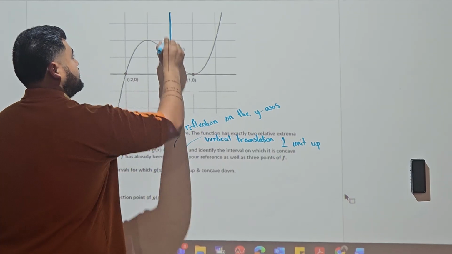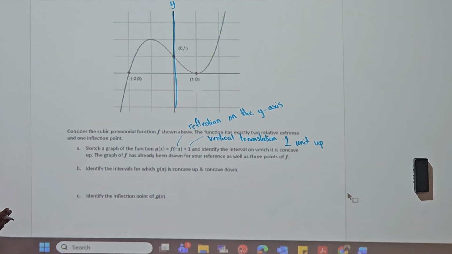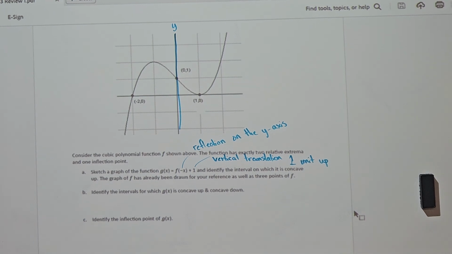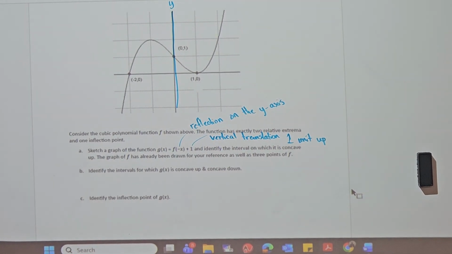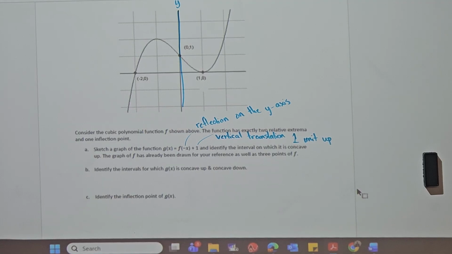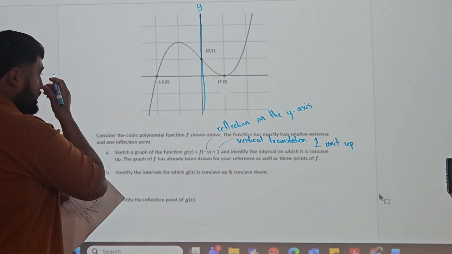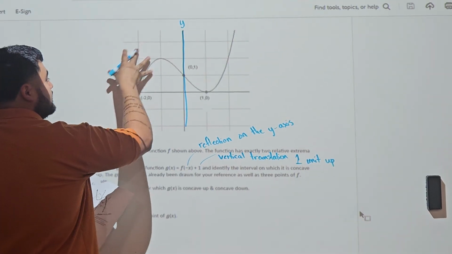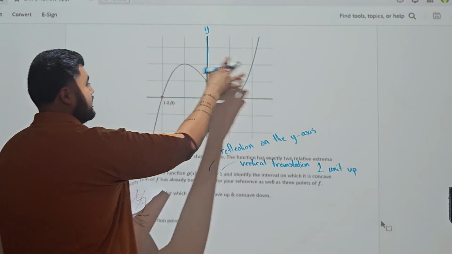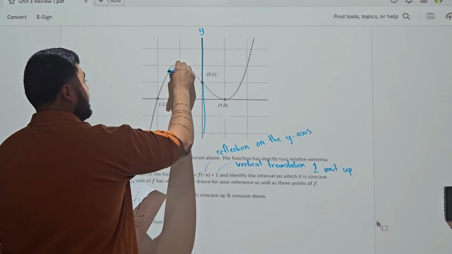So now, which one do I start off with, whatever's inside parentheses or outside? The answer is whatever's inside parentheses. So we're gonna start off with that reflection. I take my points, and whatever's on the right comes to the left, whatever's on the left goes to your right.